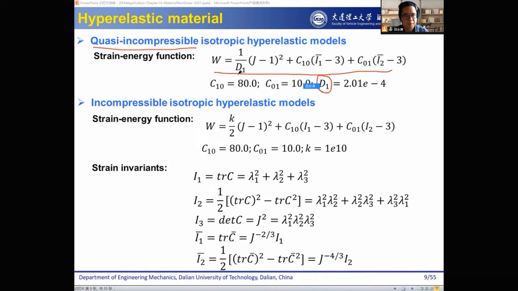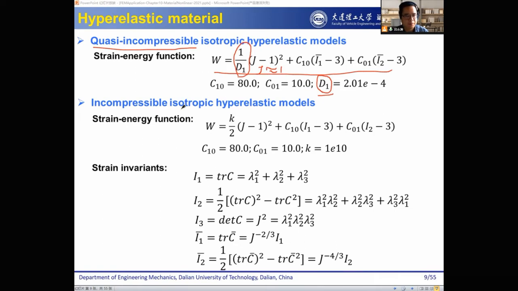So d1 very small means 1 over d1 is very large, which means the Jacobian determinant J should approximately equal 1. J approximately equal to 1, the physical meaning is that it is incompressible. So by setting this parameter, we are making the material quasi-incompressible.